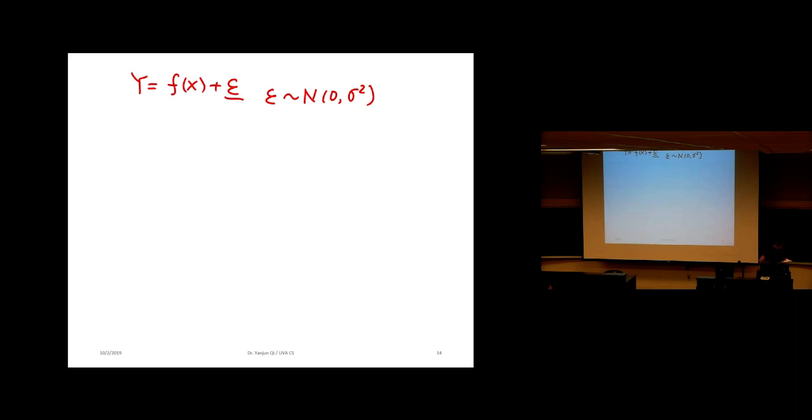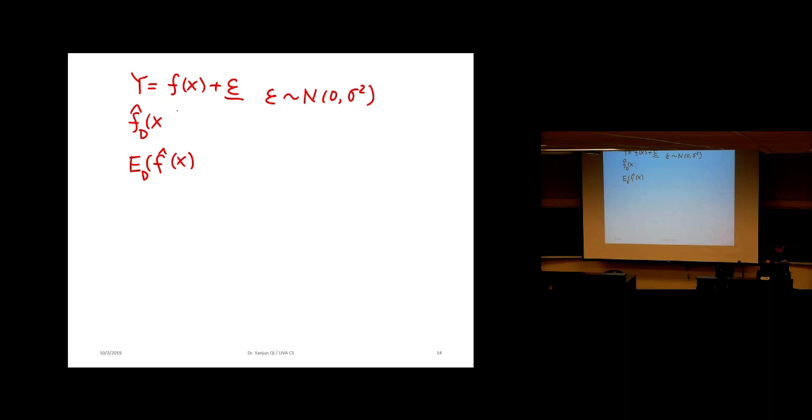And now I have a predictor function f hat, estimated from a specific training data. Then you can take the expectation of that f hat by averaging over the randomness of D.